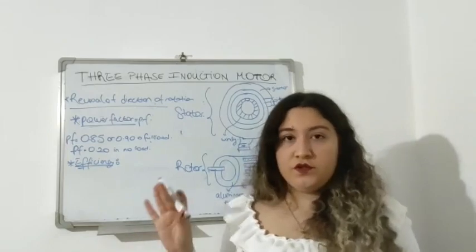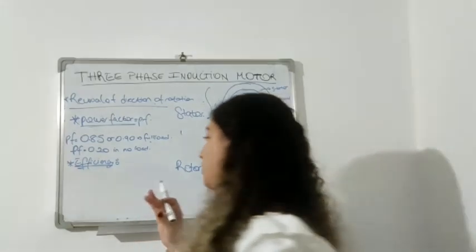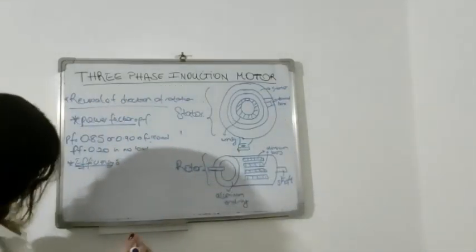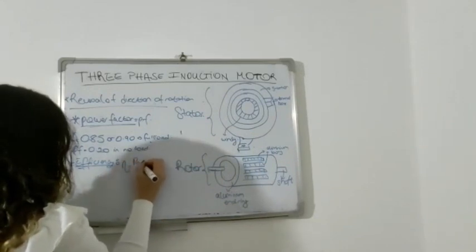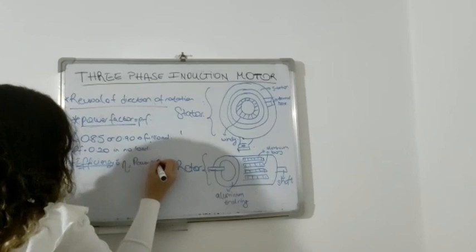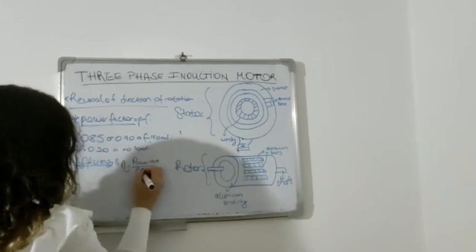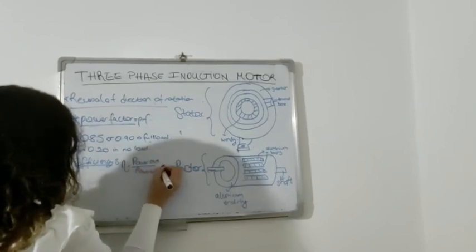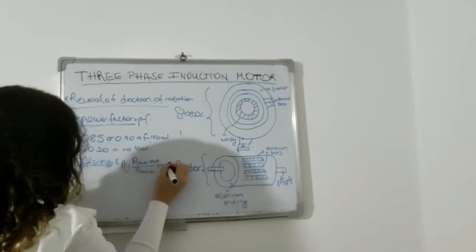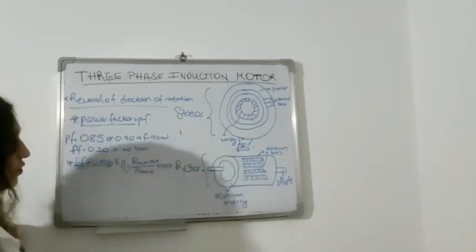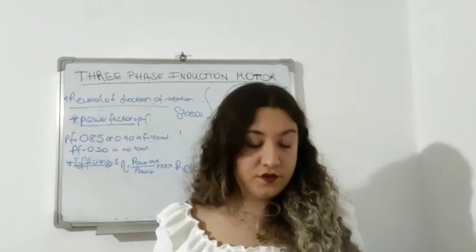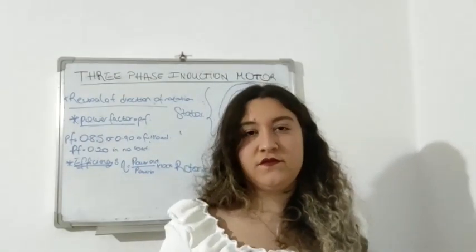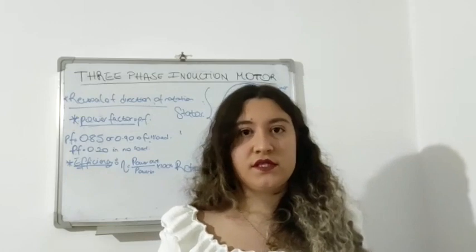First of all, I want to write the formulas, and we can talk with this. This is the formula. The full load motor's efficiency is between about 85 and 97 percent.